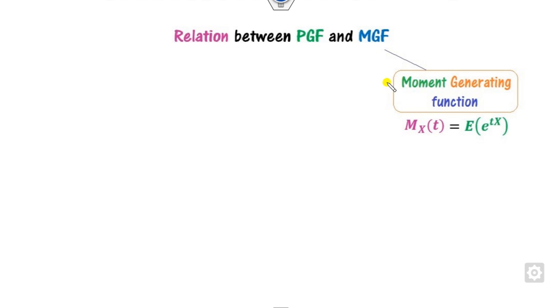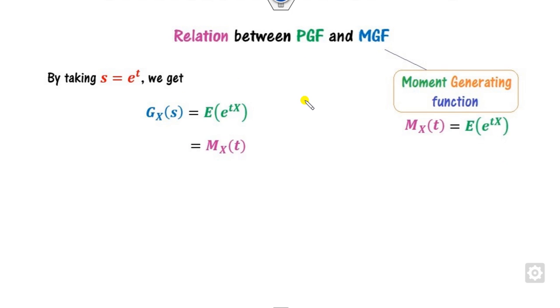How can you define the relationship between the probability generating function and the moment generating function? We have seen in our last lectures how you can define the moment generating function, and you can see the probability generating function is defined like here. Clearly, if I replace the value of s with e raised to power t, where t is a real number, it converts to the moment generating function.